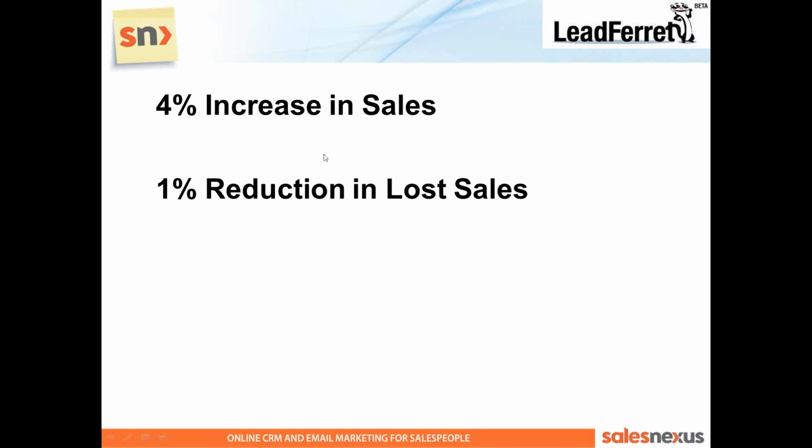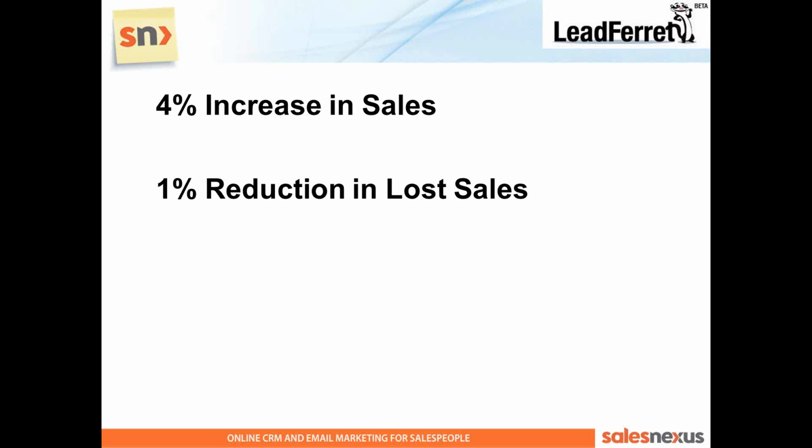I'm basing that fundamentally on the fact that most businesses probably close maybe 20, 25, 30% of the sales opportunities that they pursue, month to month or quarter to quarter.